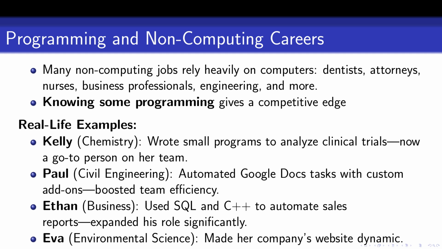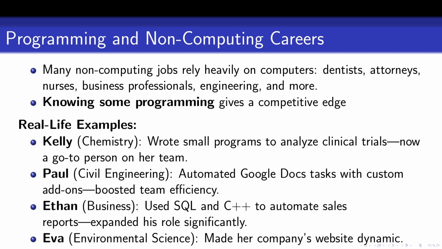For example, Kelly, a chemist, started writing small programs to improve her analysis of clinical trials, and now her coworkers rely on her for custom tools. Paul, a civil engineer, used programming to automate repetitive documentation tasks, saving his team time and frustration.